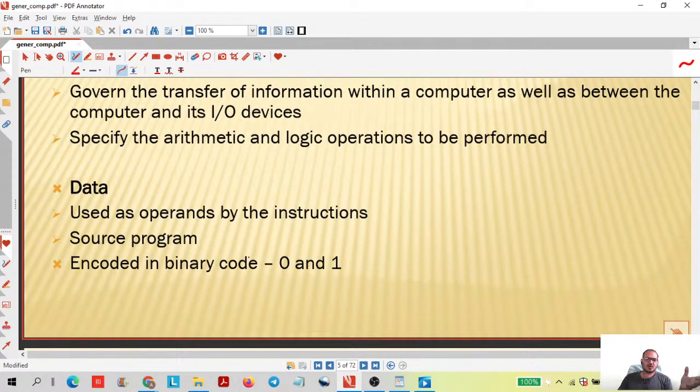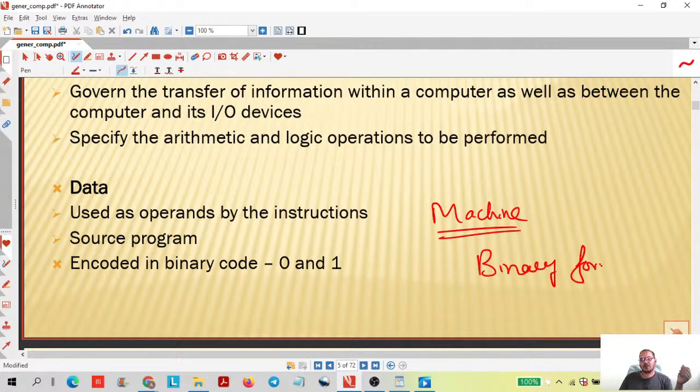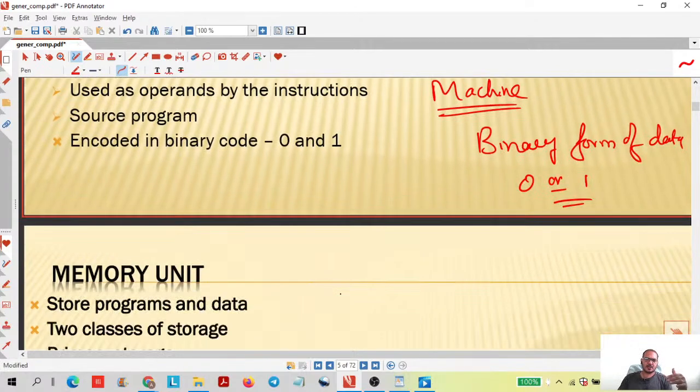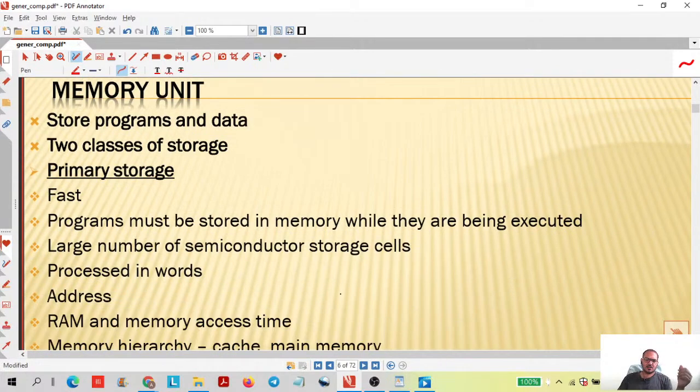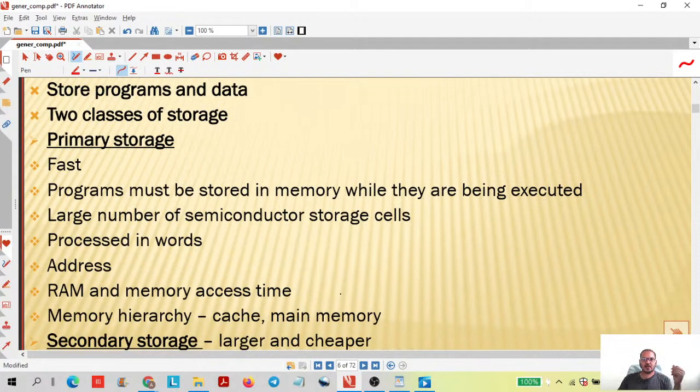All the data is in machine-understandable binary form, in terms of 0 or 1. So it converts the data and the instructions, assembly language instructions, to binary code.